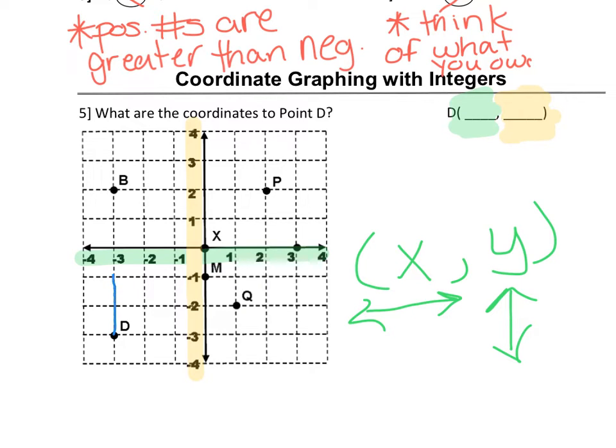And I can see that D matches up with -3 on the X number line. So my X coordinate here would be -3. Then I'm going to see, where does D line up on my Y number line? Well, D also lines up on a -3. Okay?